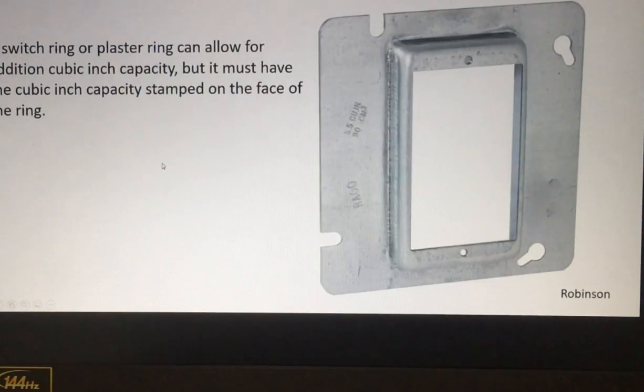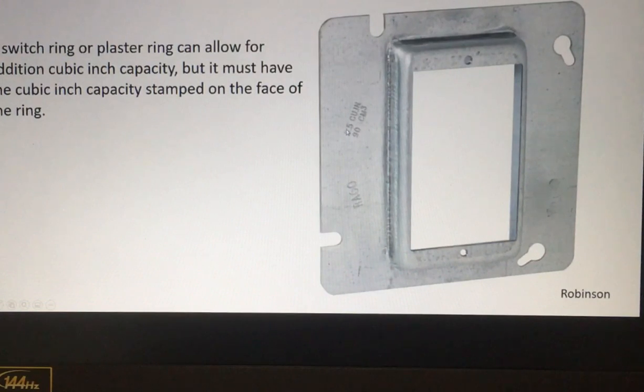Now here's something else that comes into play. With newer switch rings and plaster rings, they'll actually have a cubic inch capacity added to the ring.